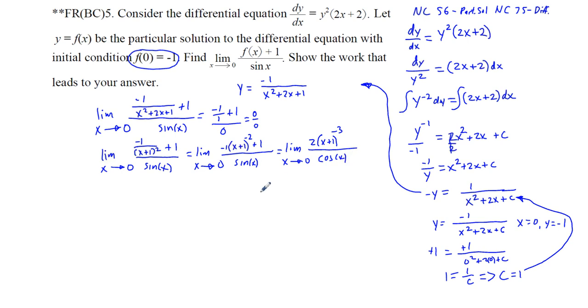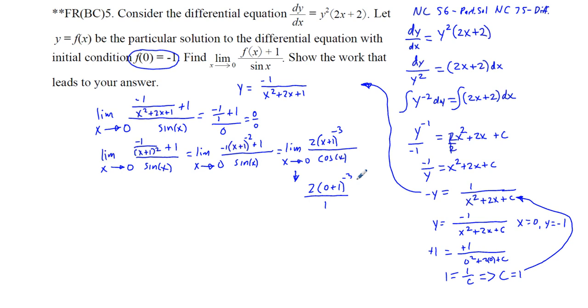And now if we plug in 0, we're going to get the limit as x approaches 0 of, well, we'll just plug in 0 and see what we get. We're going to get 2 times 0 plus 1 to the -3rd power over cosine 0, which is 1.